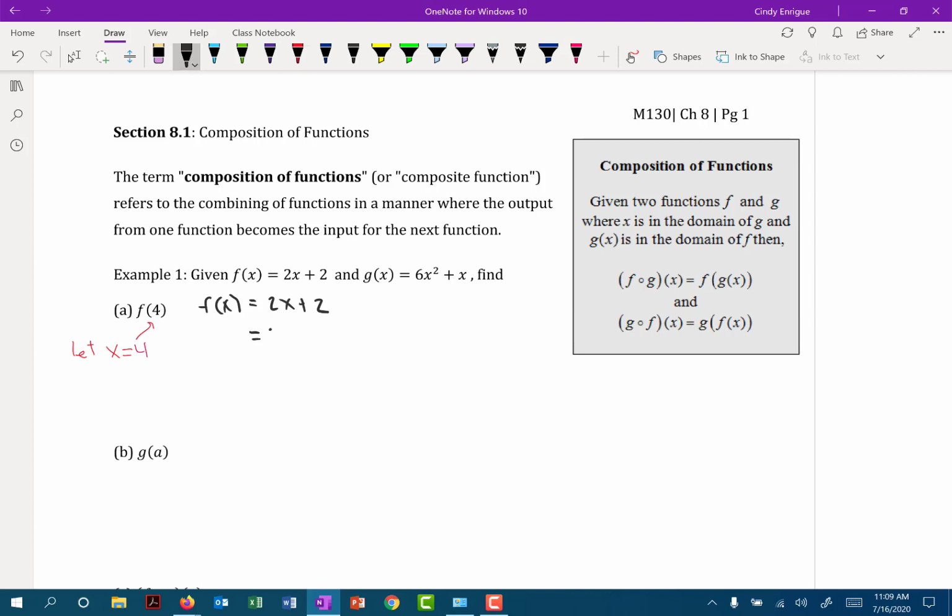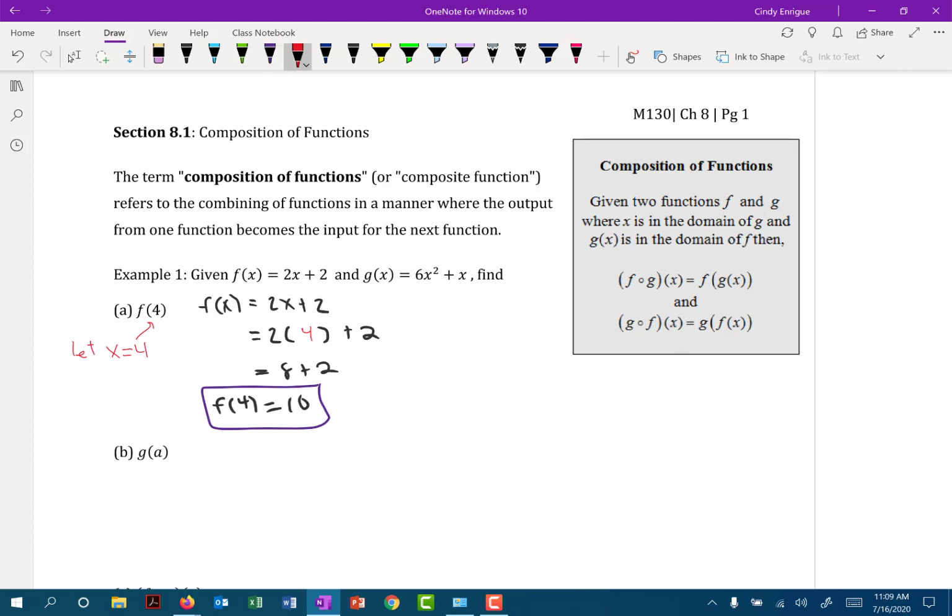So we have 2, parentheses, plus 2. The number we're plugging in for x is 4. So I end up getting 8 plus 2. Remember what you plugged in was 4, so f of 4 is equal to 10. That is your final answer: f of 4 is equal to 10.